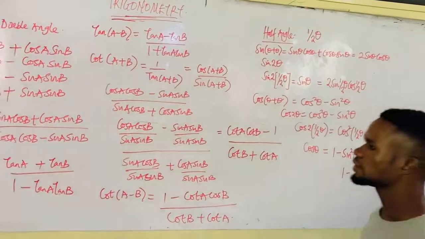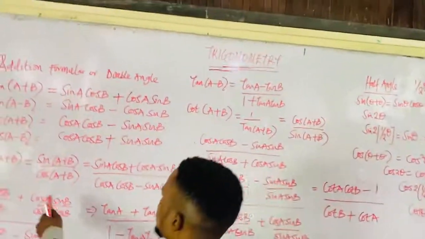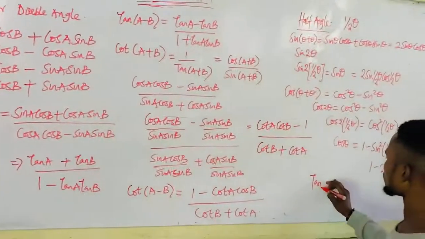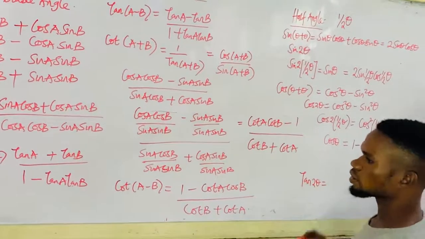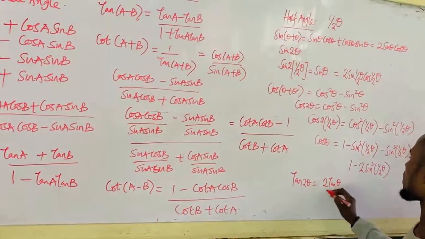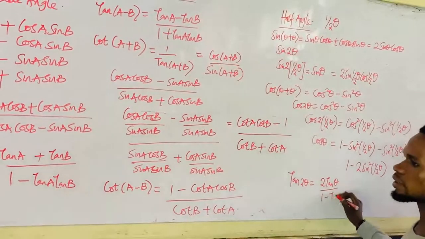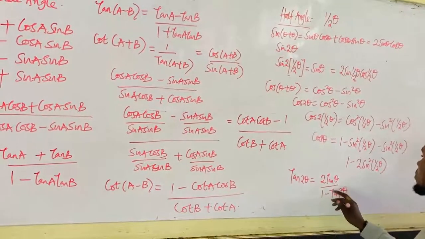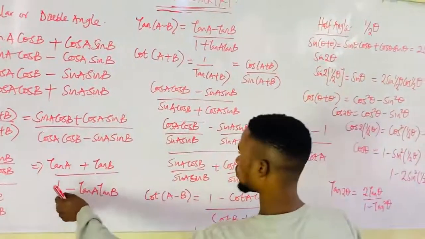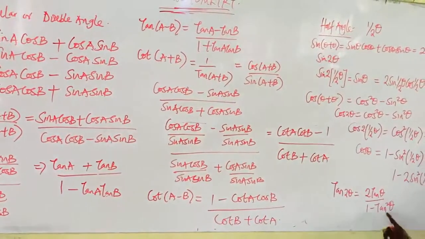For tan, tan 2 theta is 2 tan theta over 1 minus tan square theta, because that's tan theta plus tan theta over 1 minus tan theta tan theta.